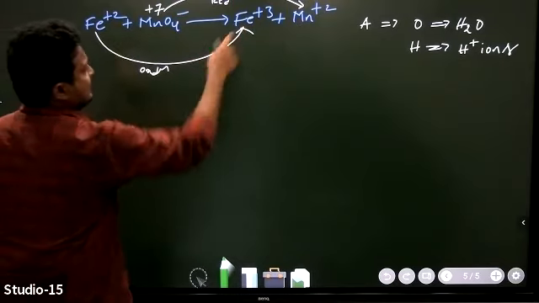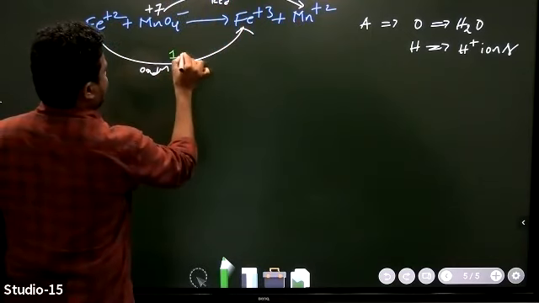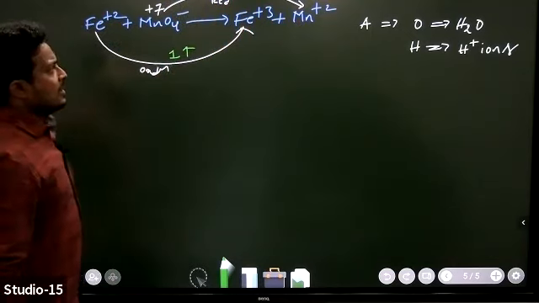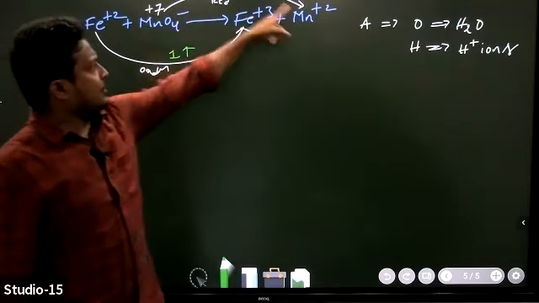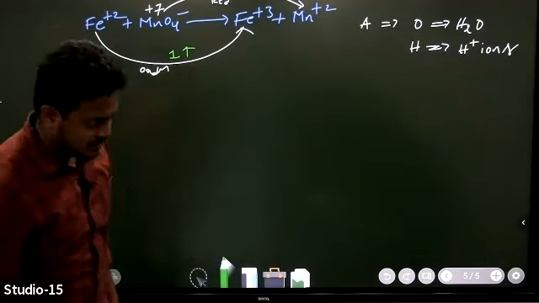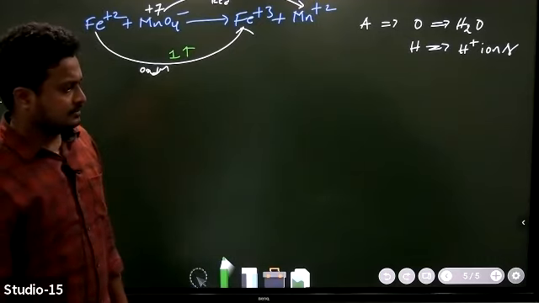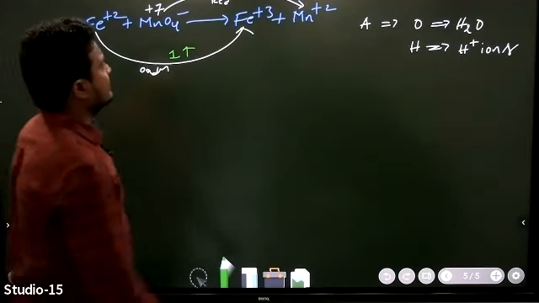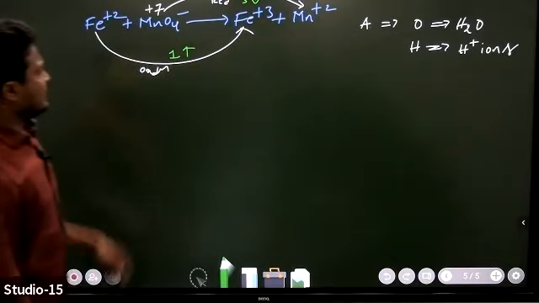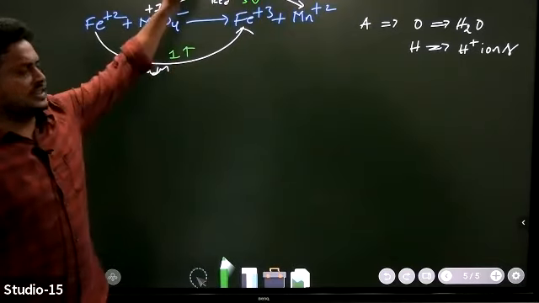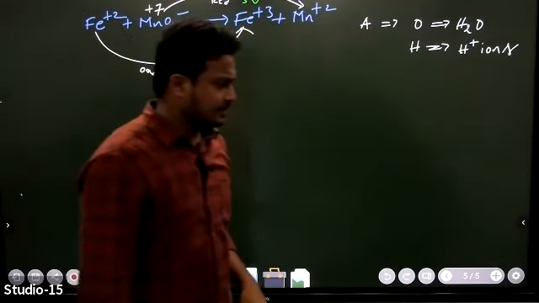From plus 2 to plus 3, 1 unit increases. In the reduction process, from plus 7 to plus 2, how much decreases? 5 units. In the oxidation process, 1 unit increases; in the reduction process, 5 units decrease.